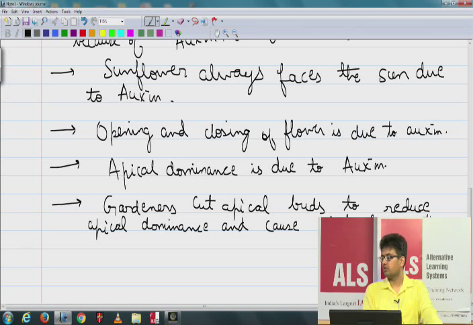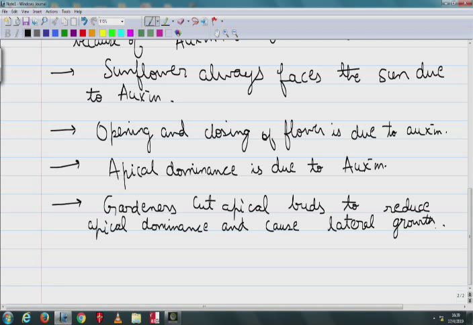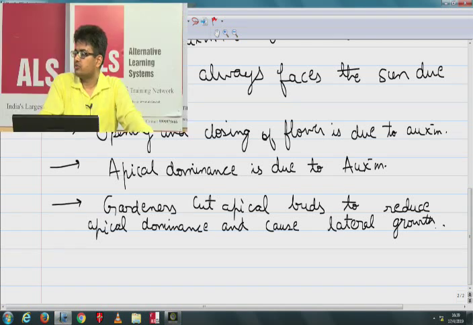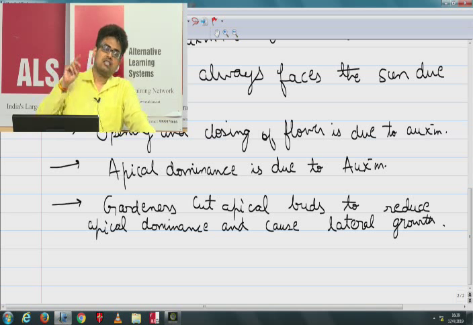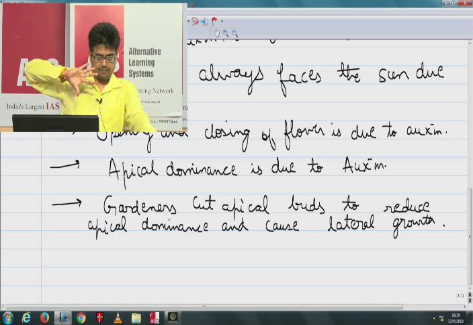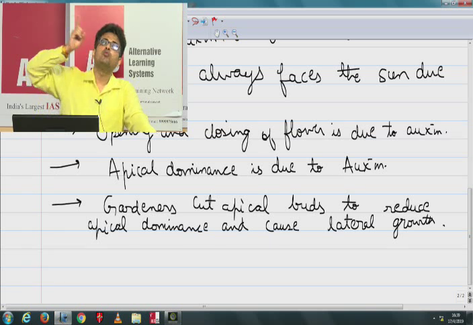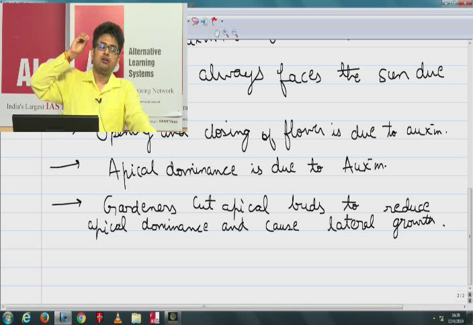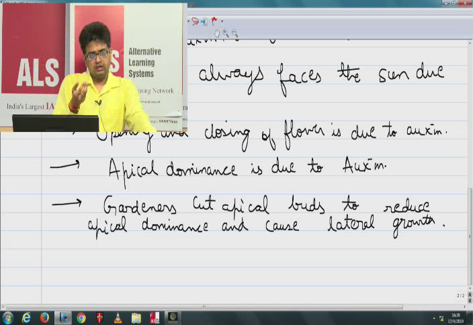Why not all flowers? Yeah, very good question. You are asking me why all flowers are not facing towards the sun like the sunflower. The thing is, the sunflower is a large flower. It produces more auxin. Most of the flowers are small, they produce less auxin.